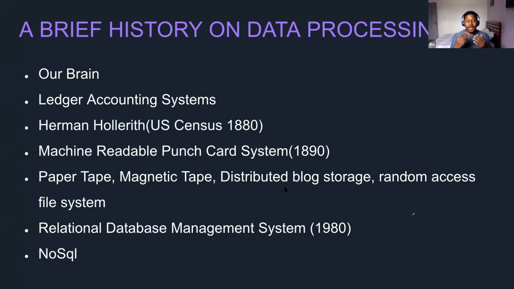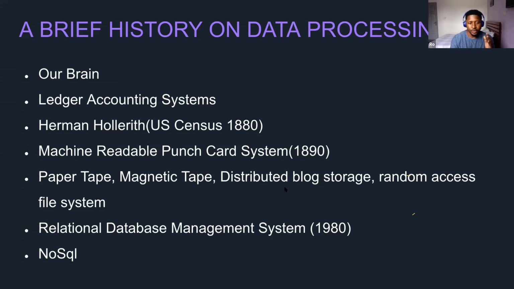Eight years in a 10-year cycle, he used the ledger accounting system, but he realized that there was a problem. It wasn't efficient enough. So he went ahead in 1890 to create the machine-readable punching card system.